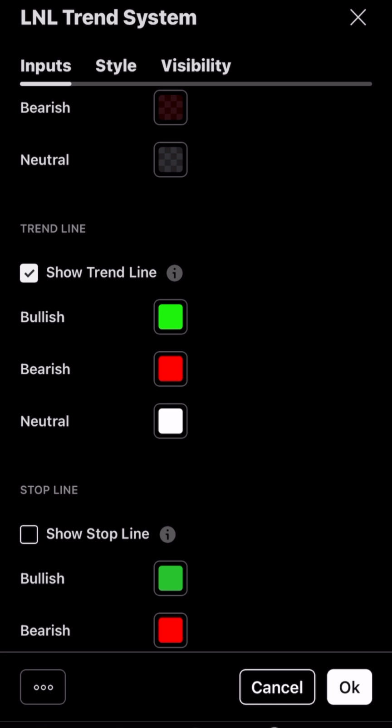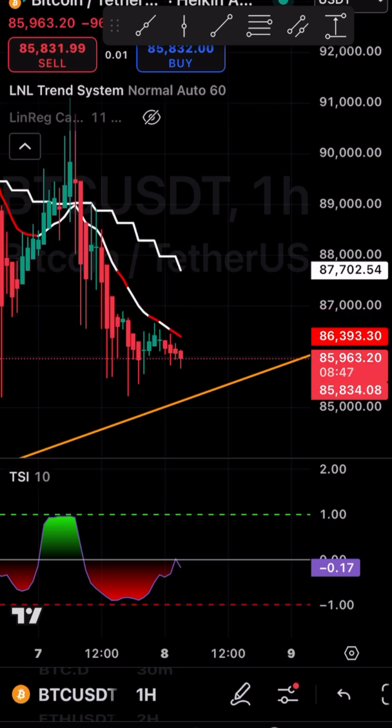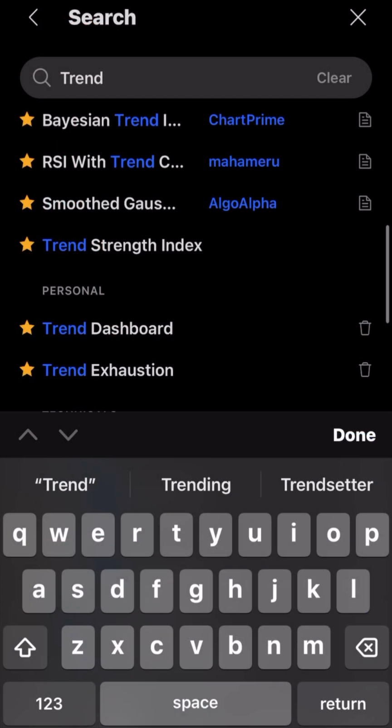I make the neutral color white, and I make the bullish bright green and the bearish bright red. When you do it like that, you'll be left with two lines. I've made more videos on the LNL trend system, where I go into more detail.